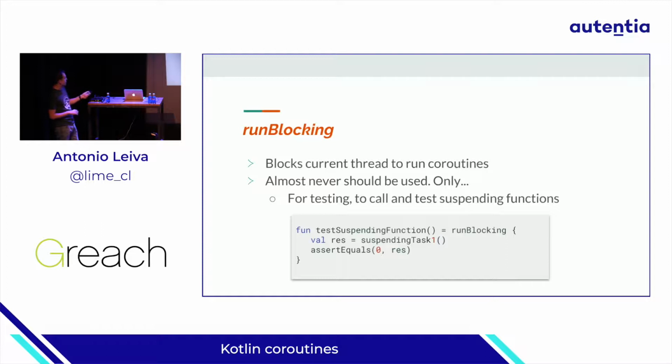Here is an example where we can add run blocking to wait for the suspending function to finish, and then assert over it.